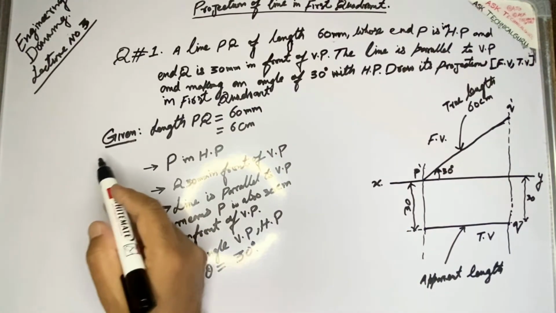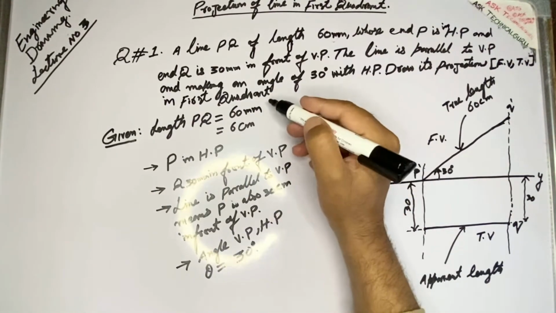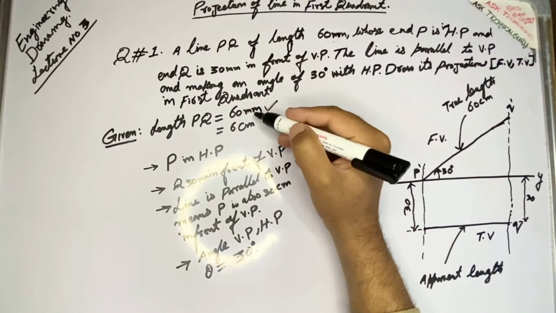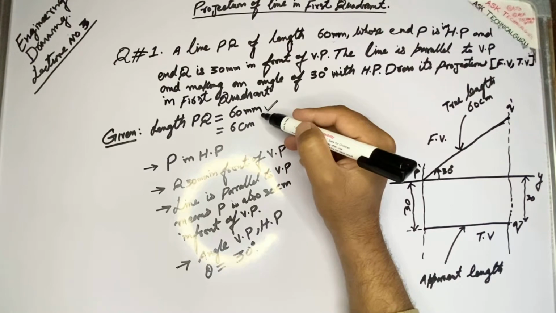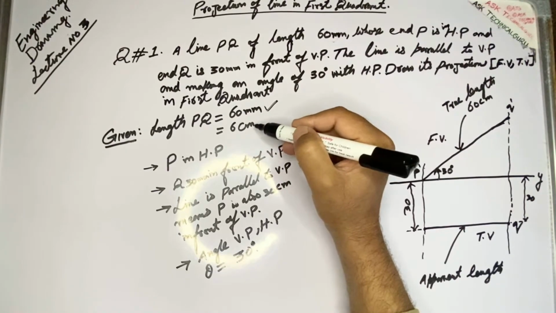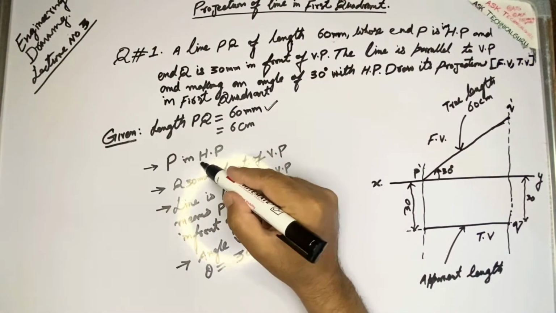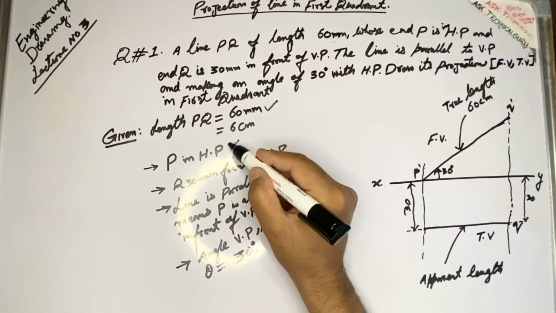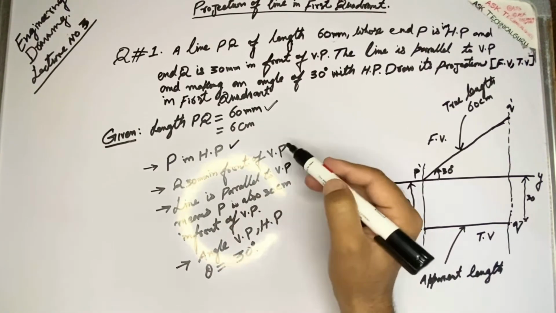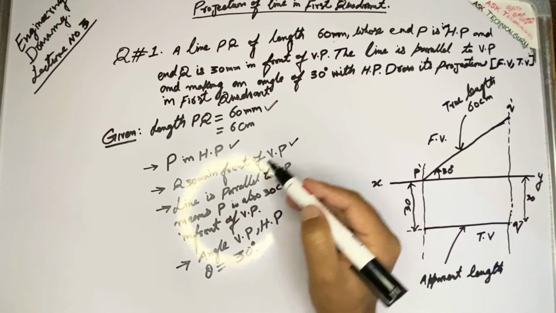Okay, first of all, we will see what is given to us. We have the length of the line PQ, 60 mm long. P is in the horizontal plane, HP. Okay, second condition, Q is 30 mm in front of VP.